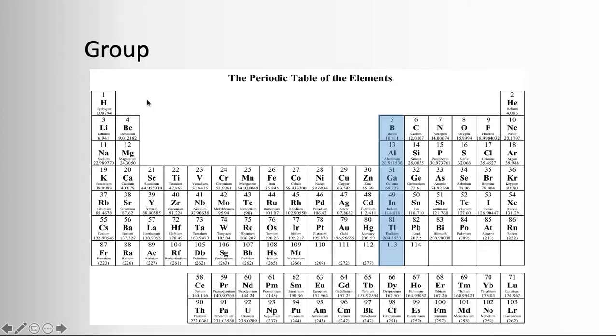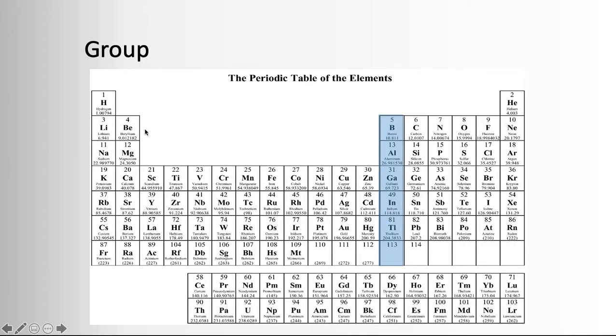These will be very handy later on when we figure out ions, how to fill out electronic shells, how to do electronic configuration, etc., etc. But the rows are called periods and the columns are called groups.